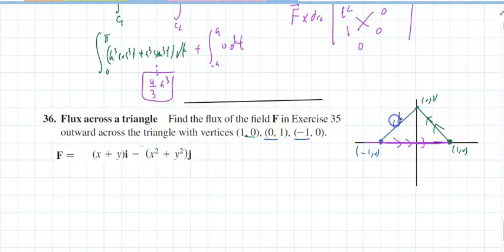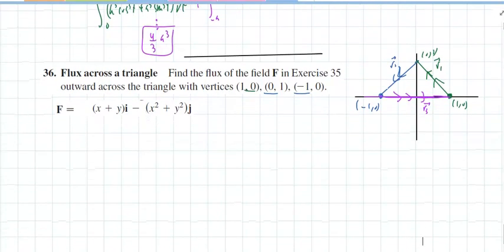So that's the direction that you have to worry about. Well, this is R1, R2, and R3. I gave you a line segment last time. That's why I separated those sections so you wouldn't have a hard time with this.